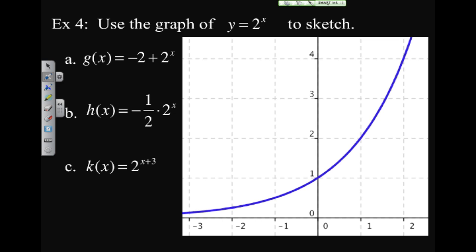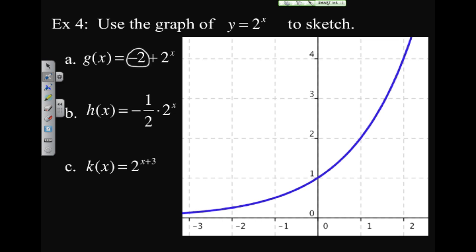So we want to use the graph of y equals 2 to the x power to help us sketch these three functions. Again, think about your transformations that we've learned in the past. What happens on a? Well, the part that makes it different is this part. -2 is added to the parent function. So what happens when you add -2?